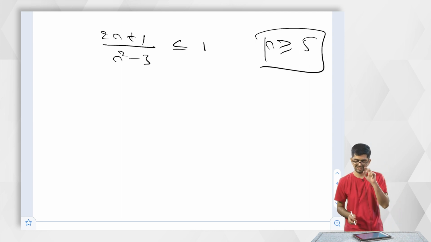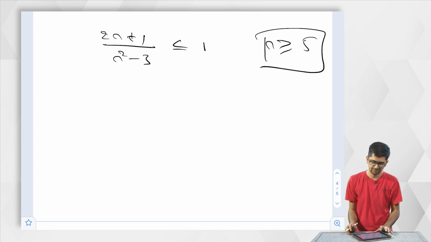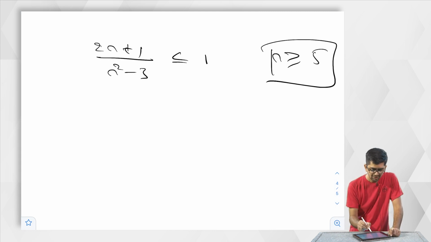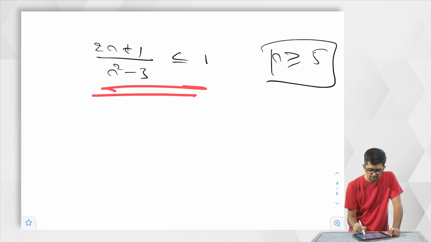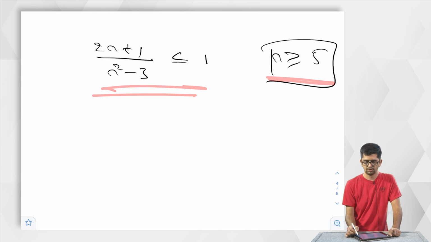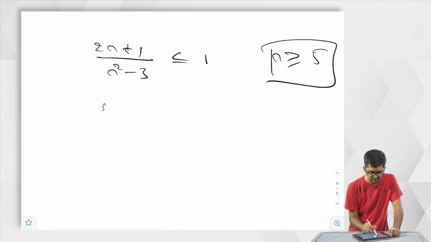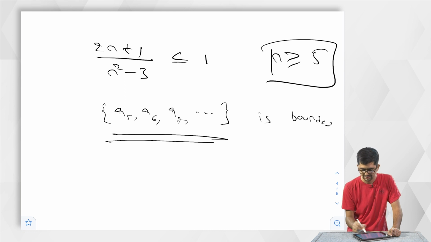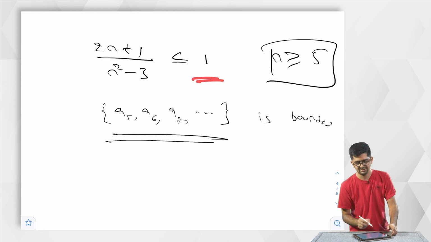For 4 also we have seen that, but we can ignore that. Okay, so what do we have? This is true for every n greater than or equal to 5. So the set A5, A6, A7 and so on is bounded, that is, bounded by 1.